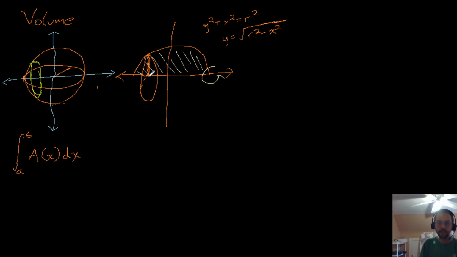In this case, the thickness of the super thin cylinder is dx. So area times dx is actually volume. This formula is giving us the volume of the thin slices, and the integral is telling us to add up infinitely many of those infinitesimally small slices together, going from a, which is here, to b, which is here.